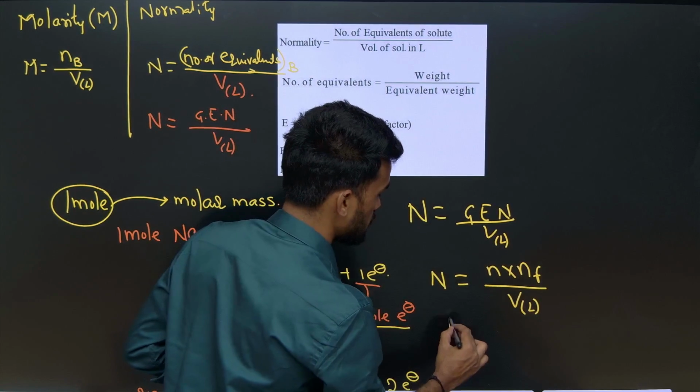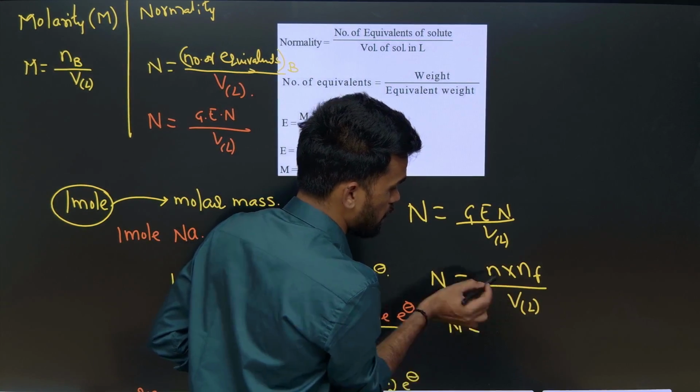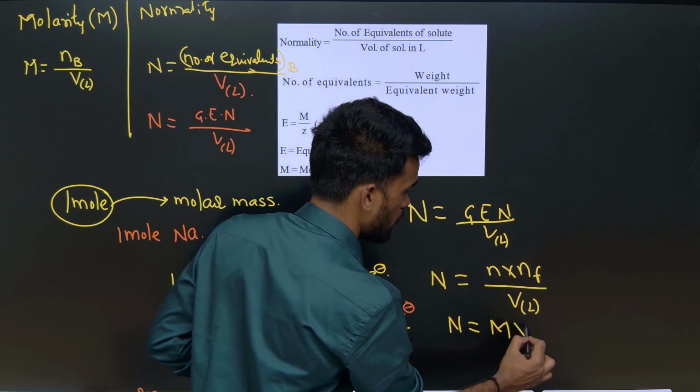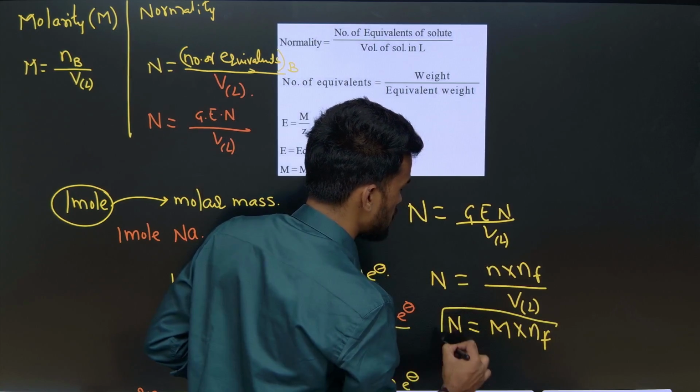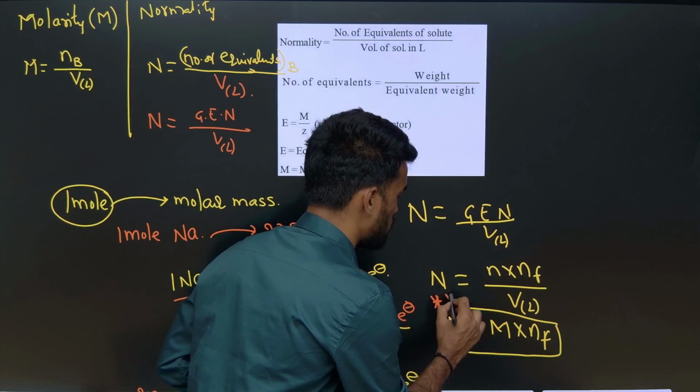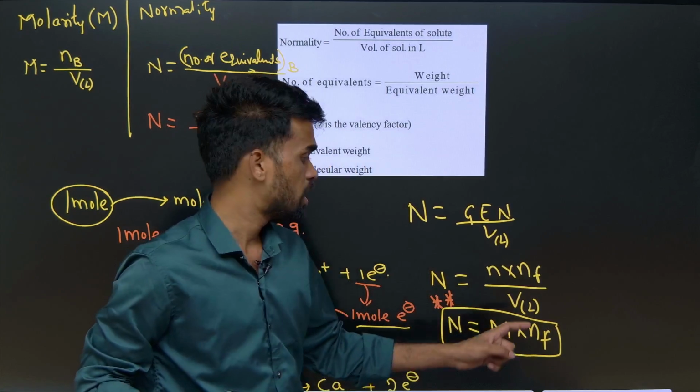Now check this: n by V, number of moles by volume in liters, is nothing but molarity. So normality equals molarity into n factor, or valency factor. So this is the relation between normality and molarity.